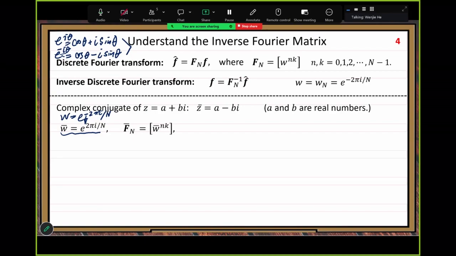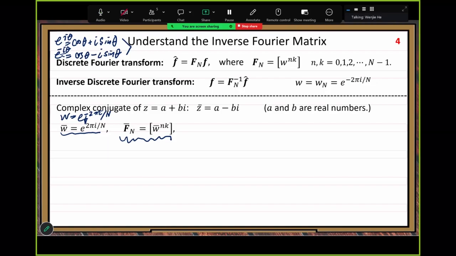The first step is to calculate the conjugate of the capital F matrix, F bar: for each entry we take the conjugate operation.